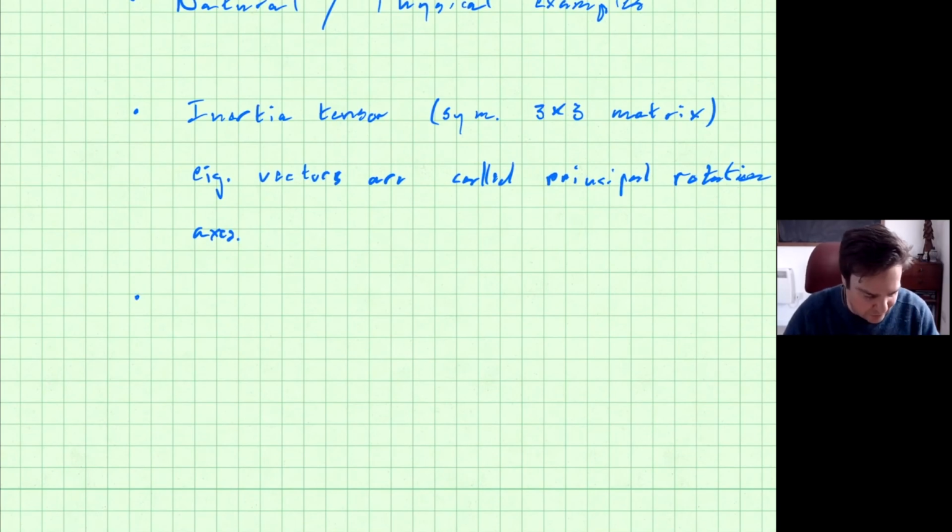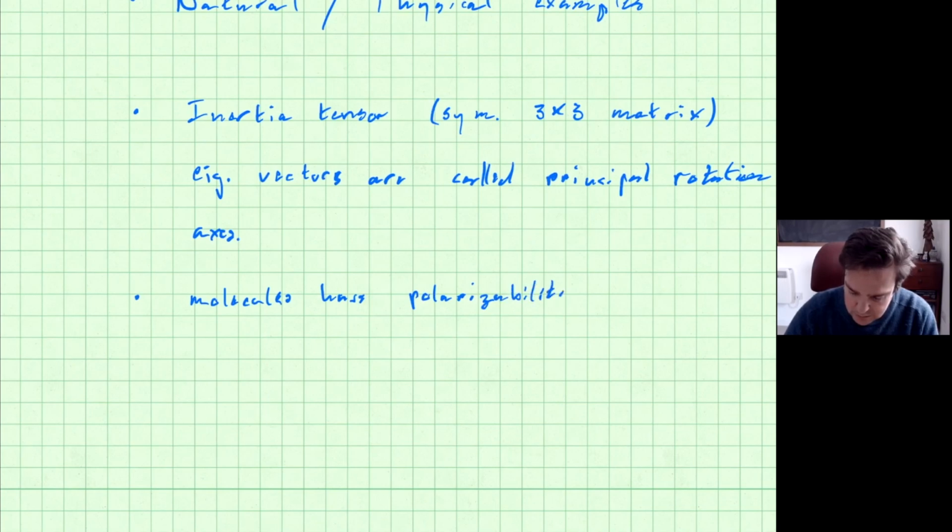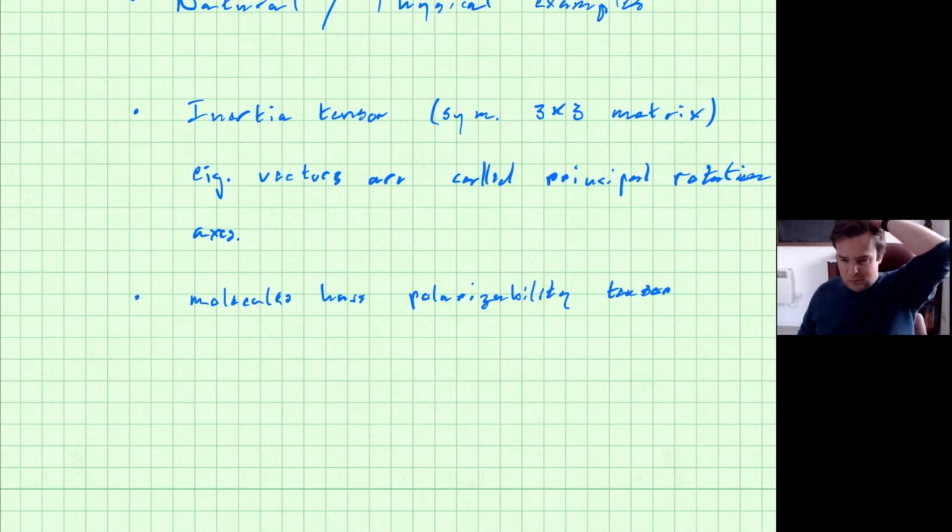The other one, which I guess is also from physics: I don't know if you're a bio person or a chemist or something like that. Molecules have something called a polarizability tensor, or if you want, an electric polarizability tensor.